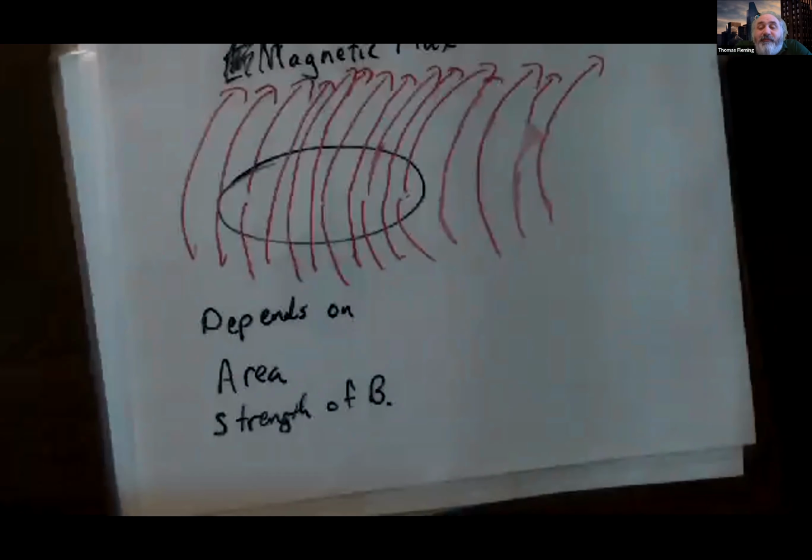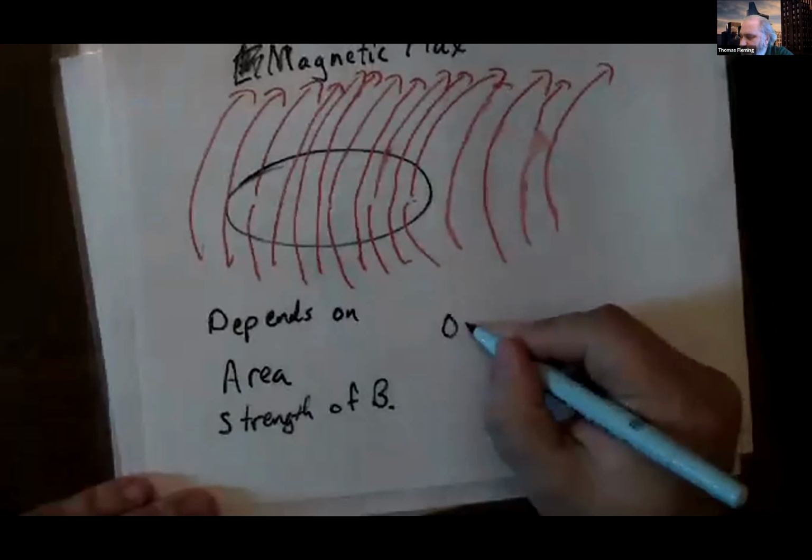That's kind of obvious. Now, the trickiest one to wrap your head around would be the orientation of your surface relative to the magnetic field. So what does that even mean?